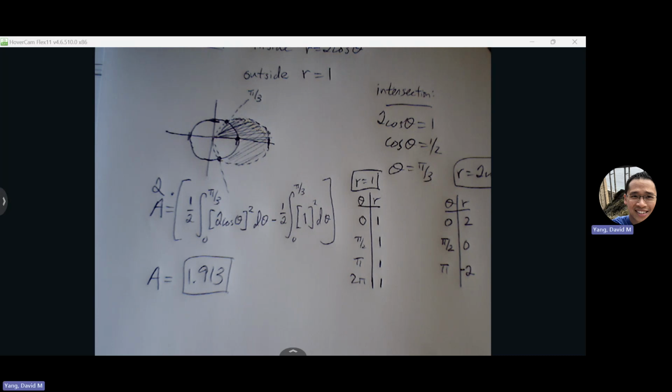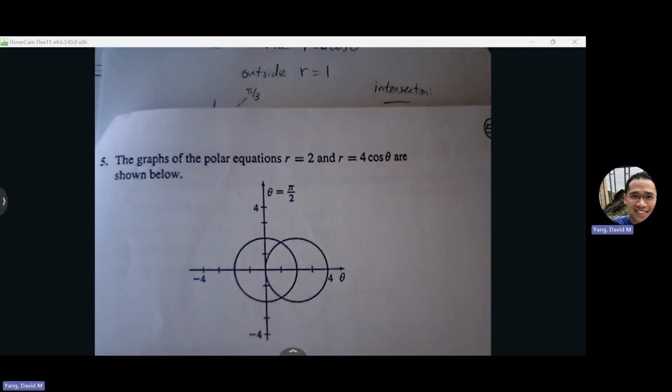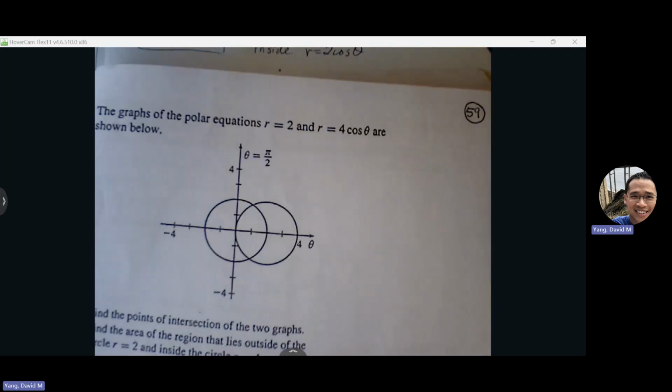Or 59. 59, number 5, but this problem stretches to A and B is on page 59, but then C and D are on page 60. Let's see if we can go through this one together, or try this.